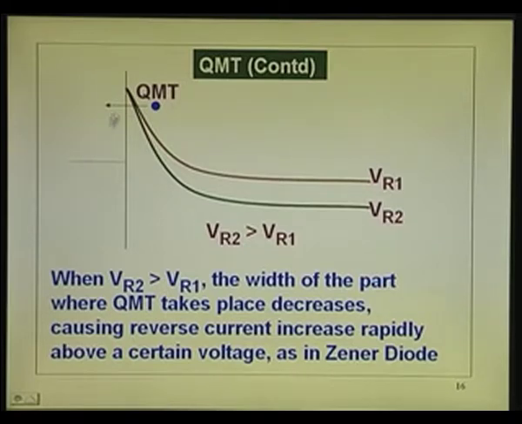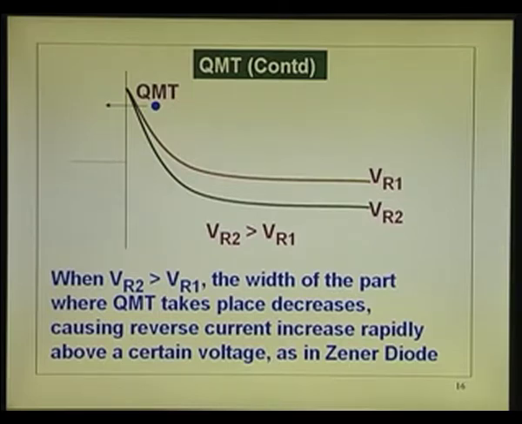If the electric field is more, this is steeper. So, whatever makes the electric field more will decrease the barrier width there, and if it decreases the barrier width, you will have a reduction of the barrier.